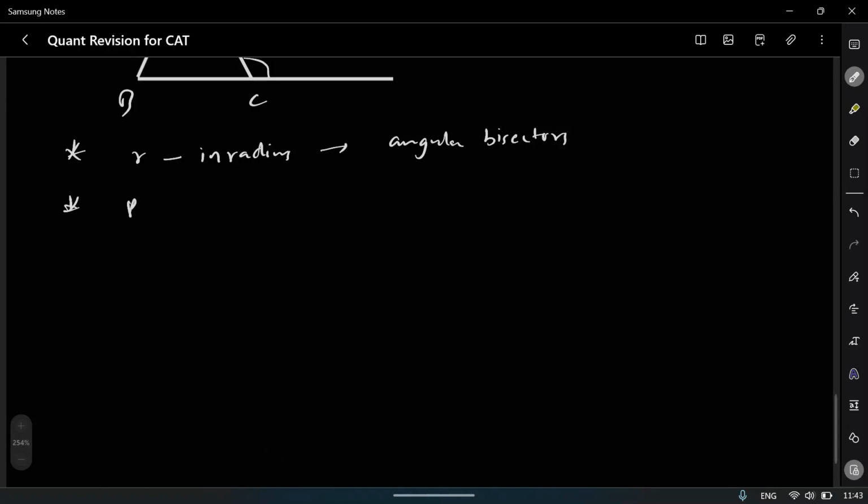Next is capital R, which is circumradius. Circumcenter is the point of intersection of perpendicular bisectors. Then there is the orthocenter.